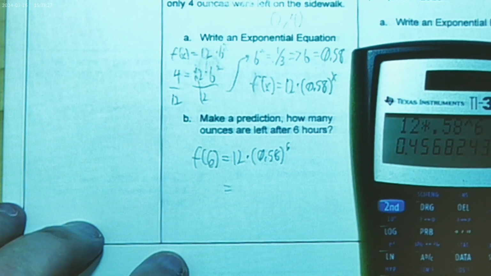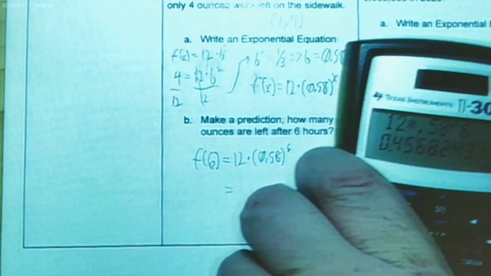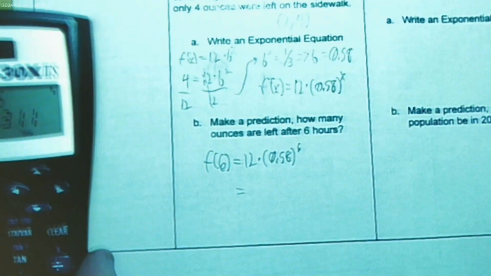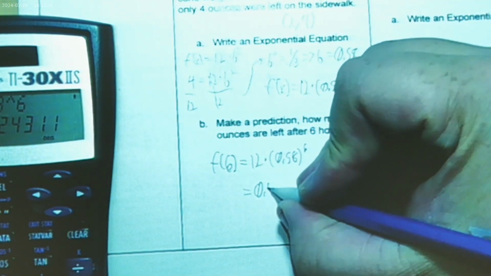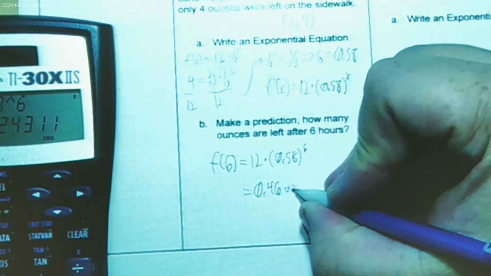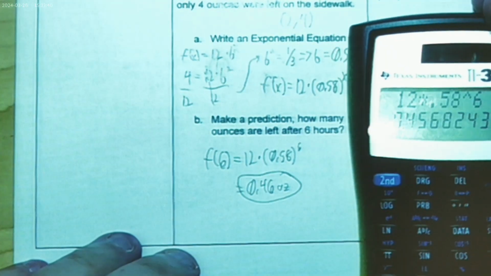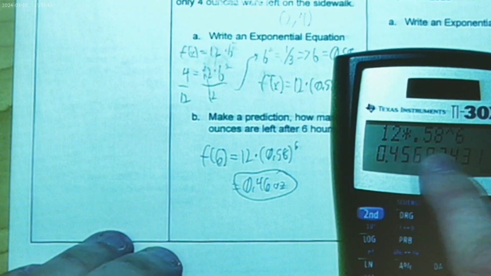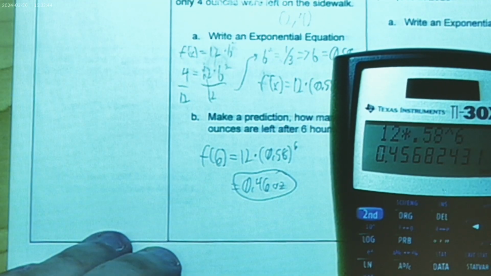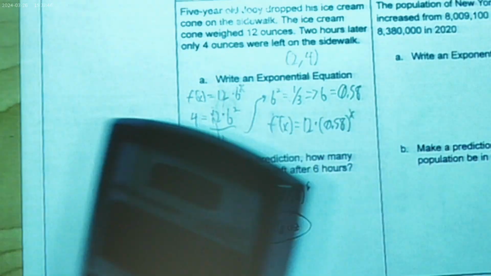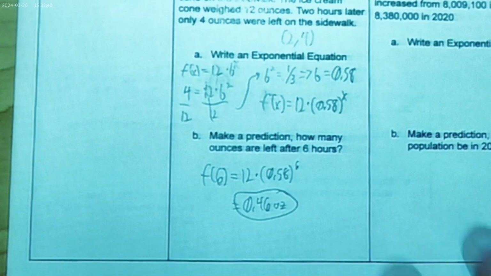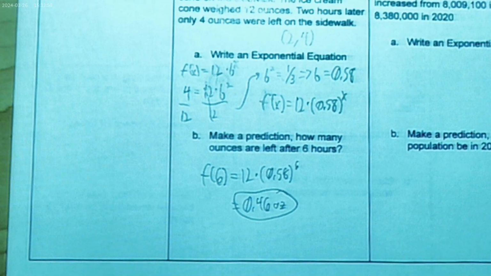That's not a lot. Looks like 0.46 ounces. And yeah, that's what I did, 12 times 0.58 raised to the 6th power. Yep, 0.46 ounces. So yeah, don't drop your ice cream.